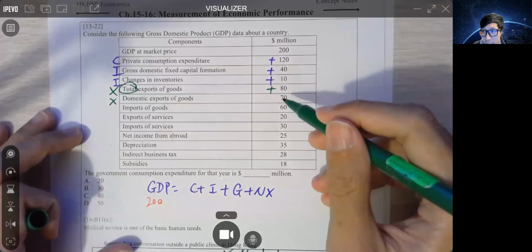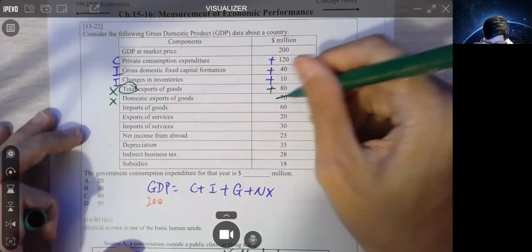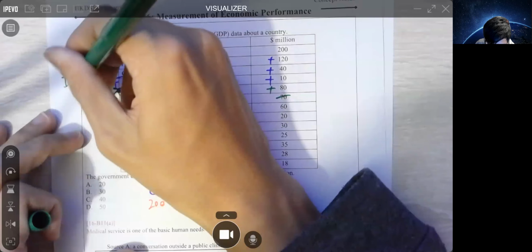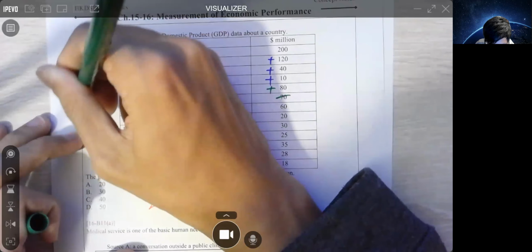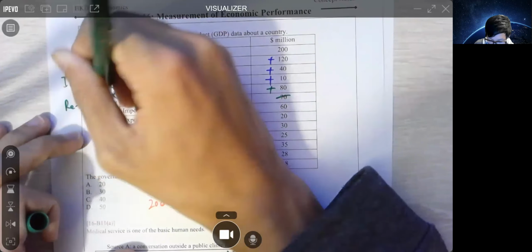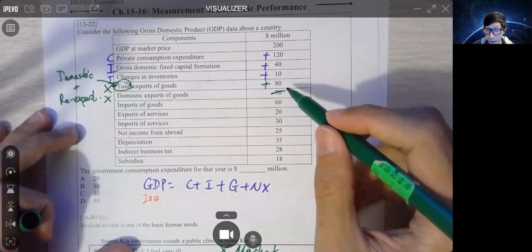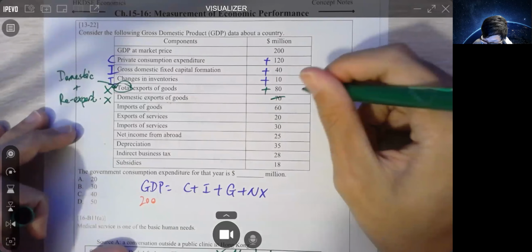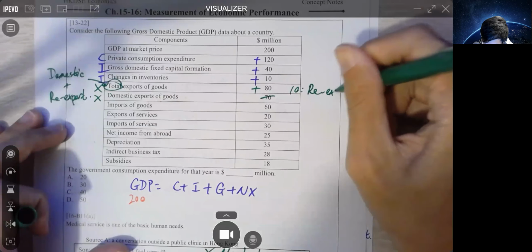But do we need to calculate this 70? No, because total equals domestic plus re-export. The 80 is already included, and the 70 is within this 80 dollars. What does that mean? It means that $10 would be re-export.